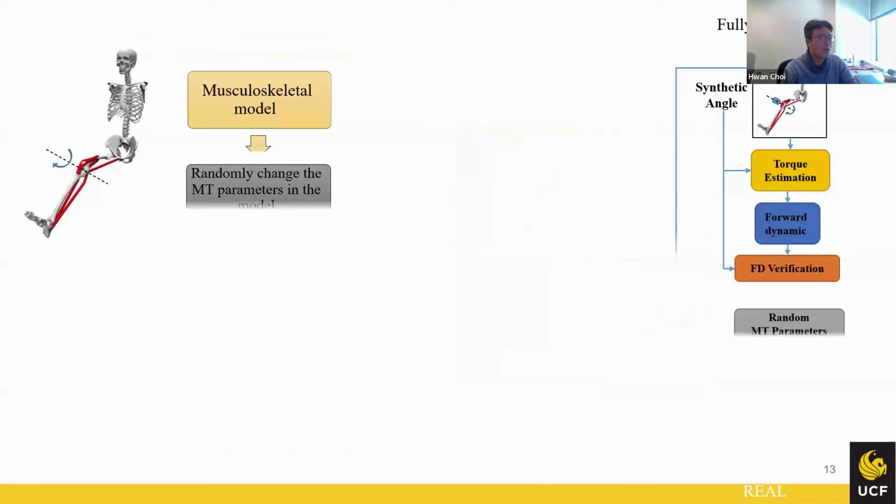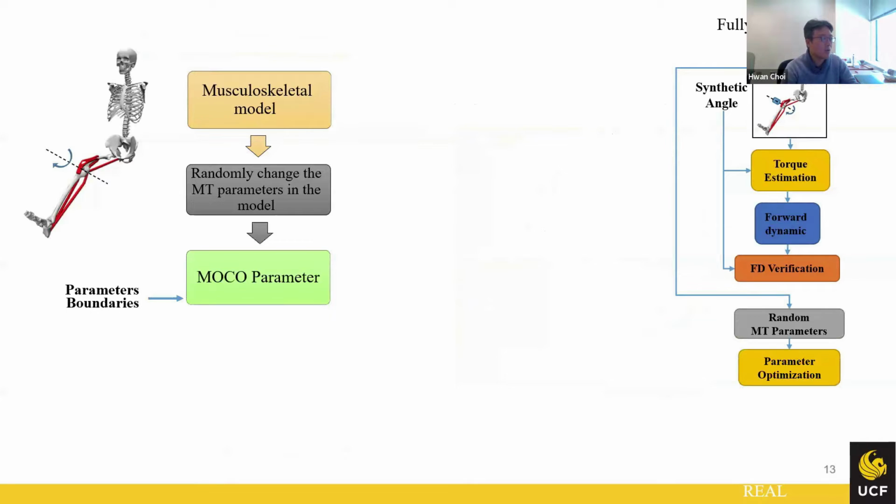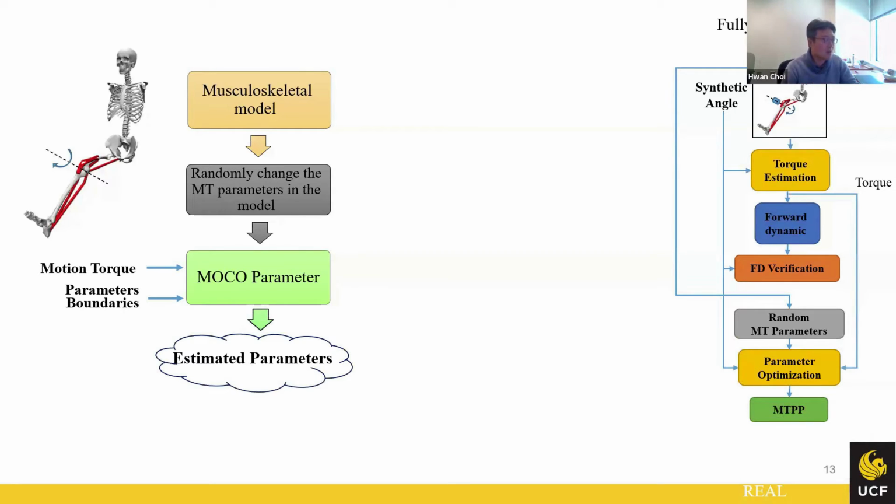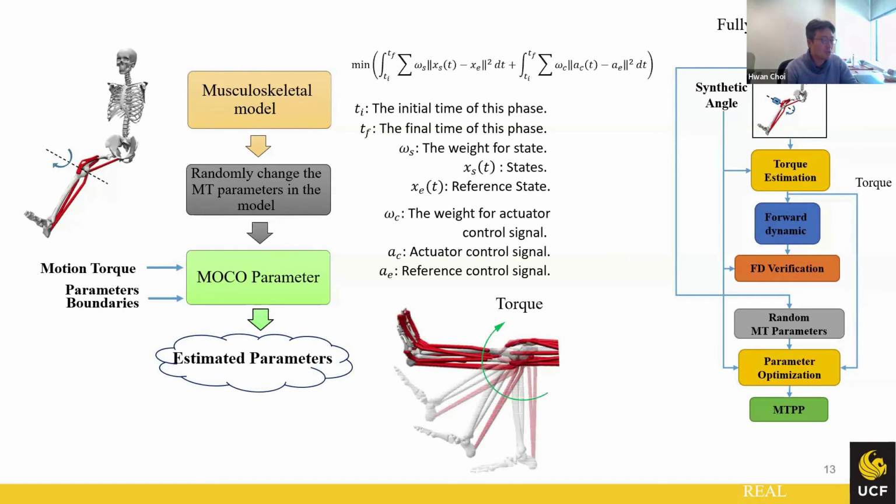And then from there, we bring it into the musculoskeletal model, and we randomly change the muscle parameters because we want to figure out the muscle stiffness and muscle slack length, which is the redundant system in the musculoskeletal model. So we use an optimization algorithm to estimate the parameters.